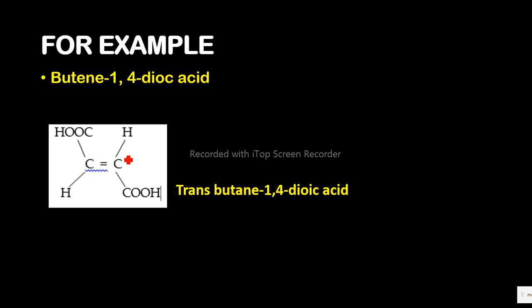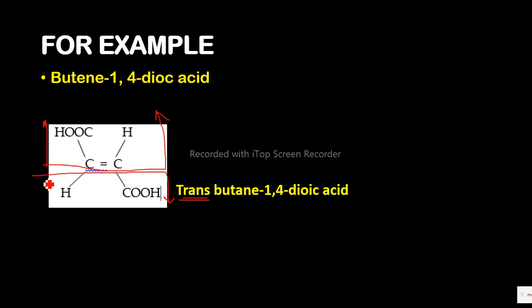So now, like I told you, with the trans isomer, the identical groups, the groups which are the same, they are on opposite planes. So this is the first plane, okay? This upper side is one plane, and then this lower side across the double bond.